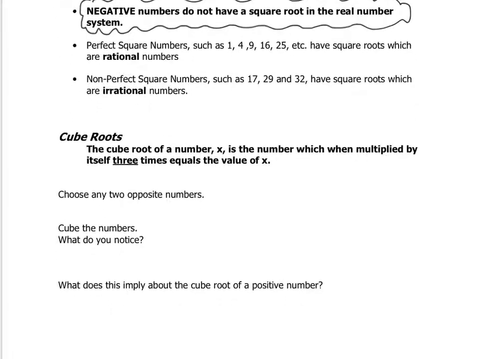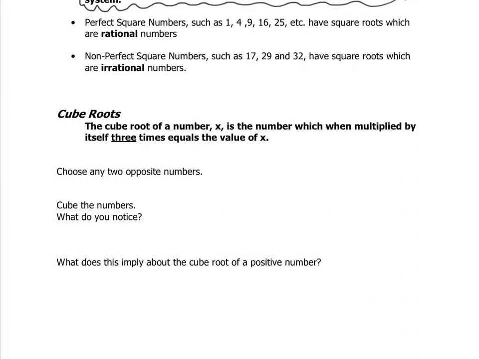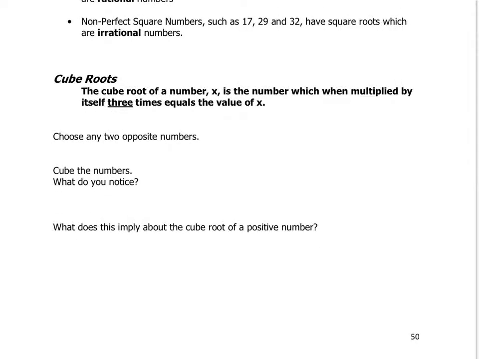Cube roots are defined as being, the cube root of a number is defined as being the number which when multiplied by itself 3 times equals the value of x. So if we investigate cube roots and choose two opposite numbers, for example, 3 and -3, if you cube the numbers, what do you notice? 3 cubed is 3 times 3 times 3, which is 27.